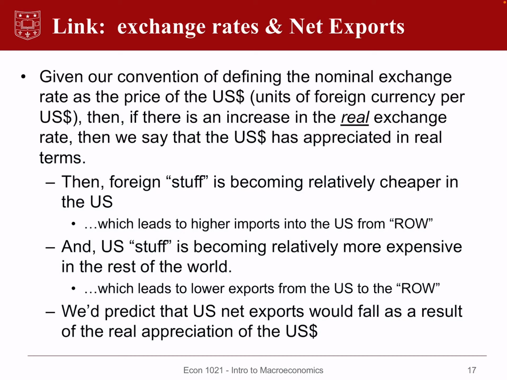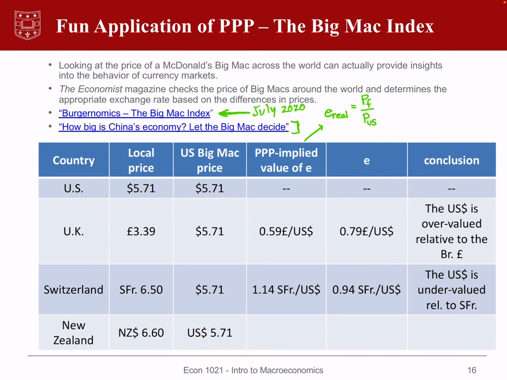So you get this by taking 3.39 pounds per Big Mac and dividing that by $5.71 per Big Mac, and you come up with the predicted value of the exchange rate of 0.59 pounds per dollar. The actual exchange rate at the time that they constructed this was 0.79 pounds per dollar.